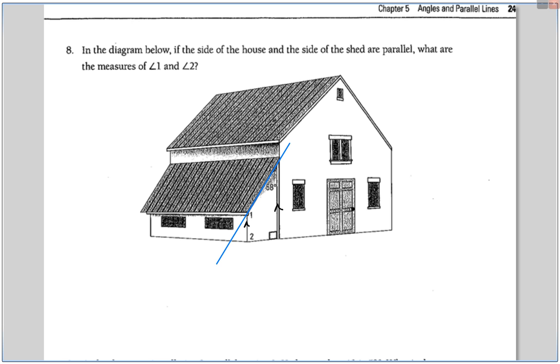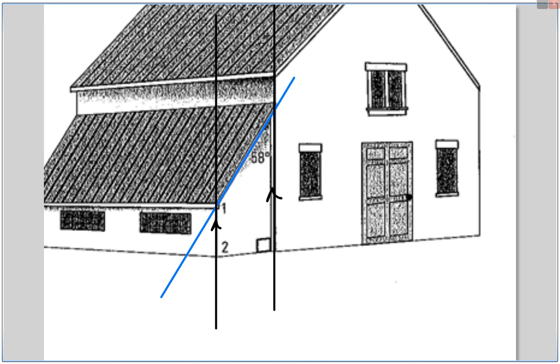So I find it really helps to extend the lines, and different colors is pretty helpful as well. Alright, so we got a couple parallel lines in black, we got a blue line in the transversal. Okay, so let's zoom this in.